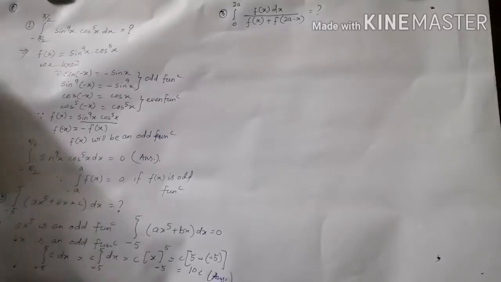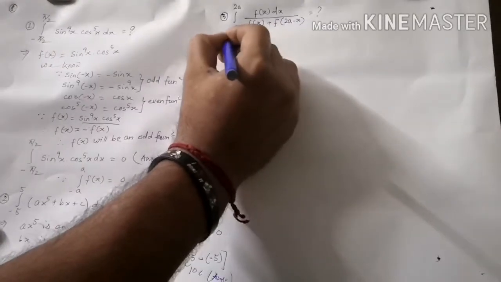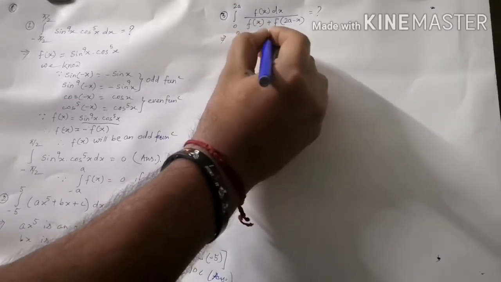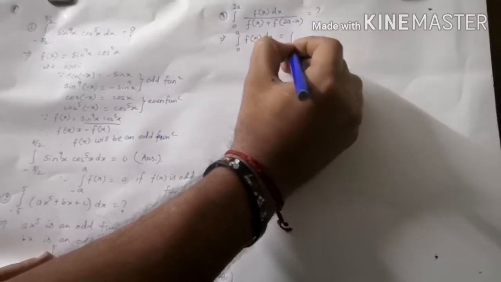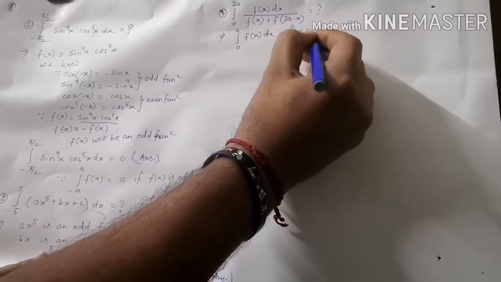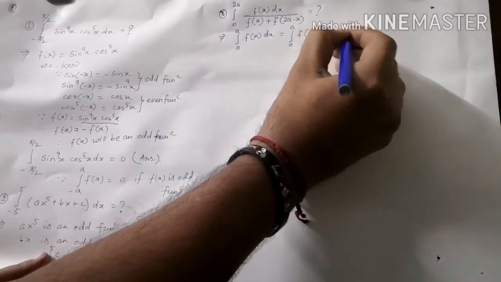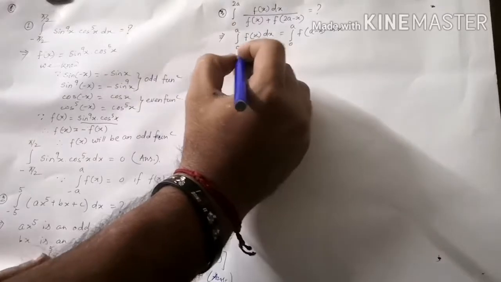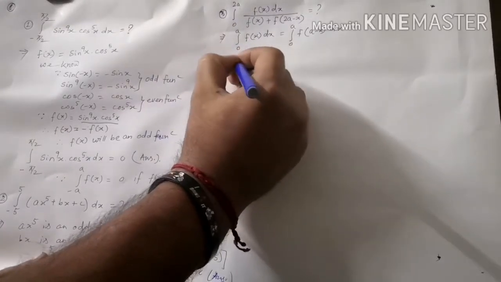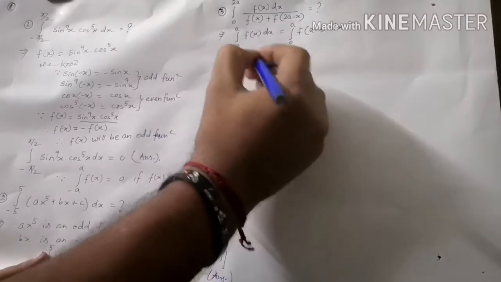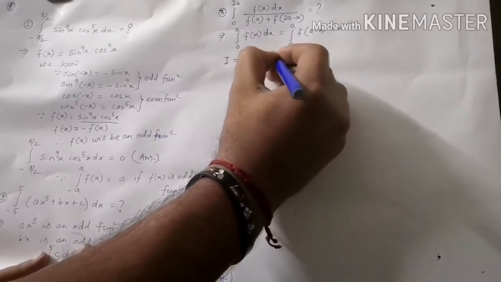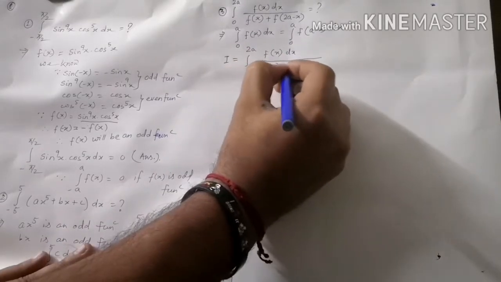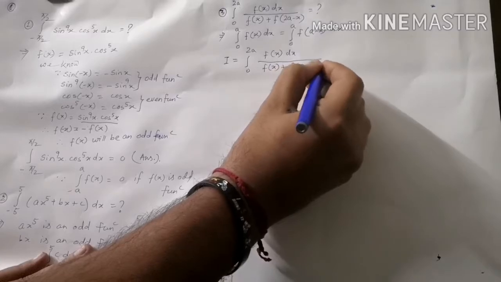From the formulas of definite integration, we know that integration 0 to a f(x) dx equal to integration 0 to a f(a minus x) dx. So by using this formula in this problem, let us consider I equal to integration 0 to 2a f(x) dx by f(x) plus f(2a minus x).